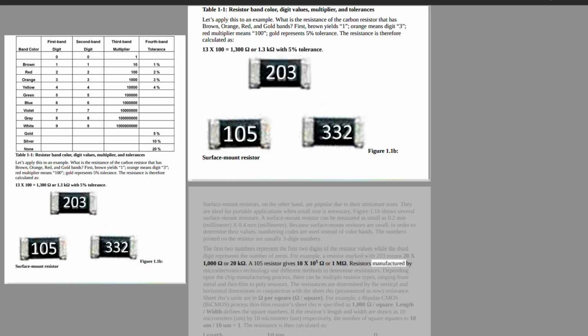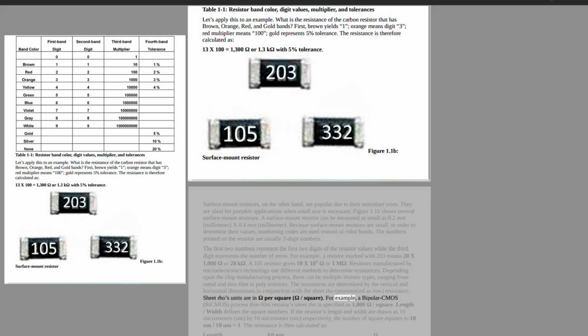Resistors manufactured by microelectronics technology use different methods to determine resistances. Depending upon the chip manufacturing process, there can be multiple resistor types, ranging from metal and thin film to polyresistors. The resistances are determined by the vertical and horizontal dimensions in conjunction with the sheet rho, pronounced as rho resistance. Sheet rho's units are in ohms per square, Ω/square.